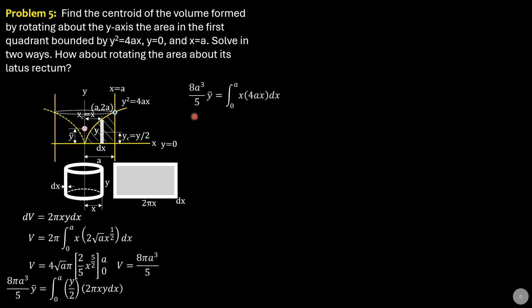So simplifying, 8a cubed over 5 barred y equals integral 0 to a of, this is after we cancel pi, no more pi, then cancel 2, so we have x y squared dx, where y squared is 4ax, dx.